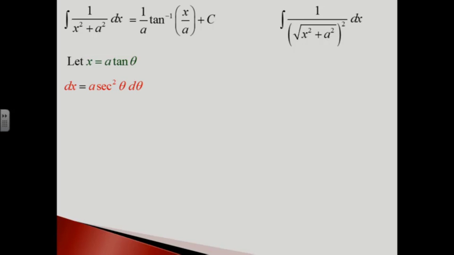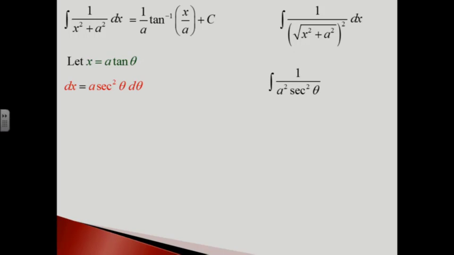In the next example, we prove that the integral of 1 over x squared plus a squared equals 1 over a times the inverse tangent of x over a plus c. Let x equal a tangent theta, then dx equals a sec squared theta d theta. The expression x squared plus a squared can be written as a squared sec squared theta.